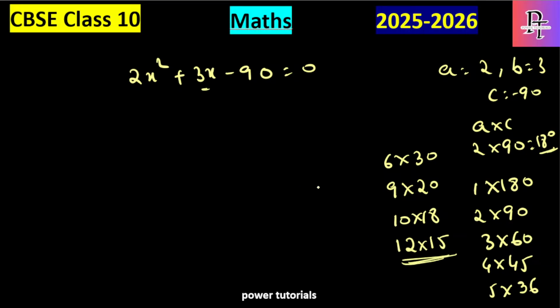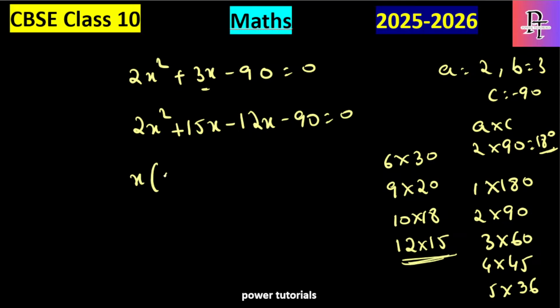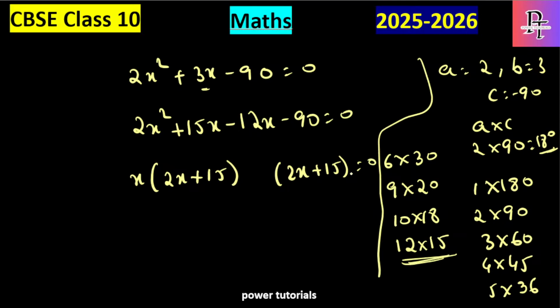So 15 minus 12 is 3, so 2x square plus 15x minus 12x minus 90 is equal to 0. So what is common? Just 2x is common, so this becomes 2x plus 15, and with the trick I told you, write the same number again. On the rough sheet, 2x, we have minus 12, so we have to multiply with minus 6.